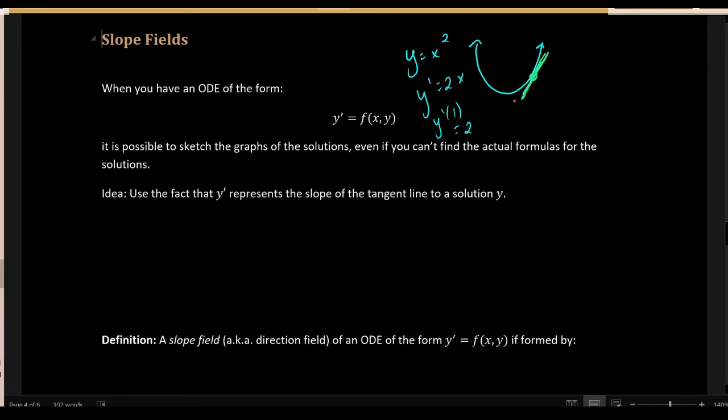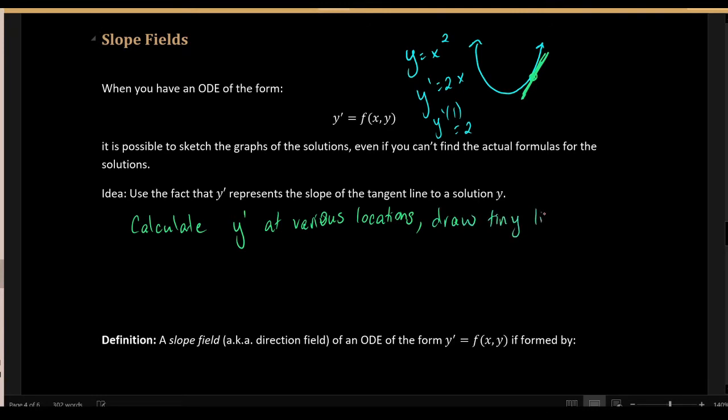So the idea that we're going to use to sketch the graph of a solution, even without knowing what the formula is, we're going to calculate the value of y prime at various locations, then we're going to draw tiny tangent line segments whose slope is equal to the value of y prime at that location.